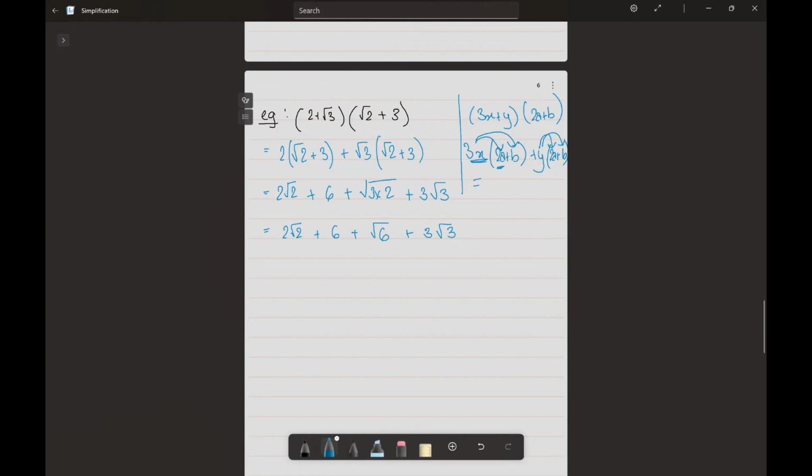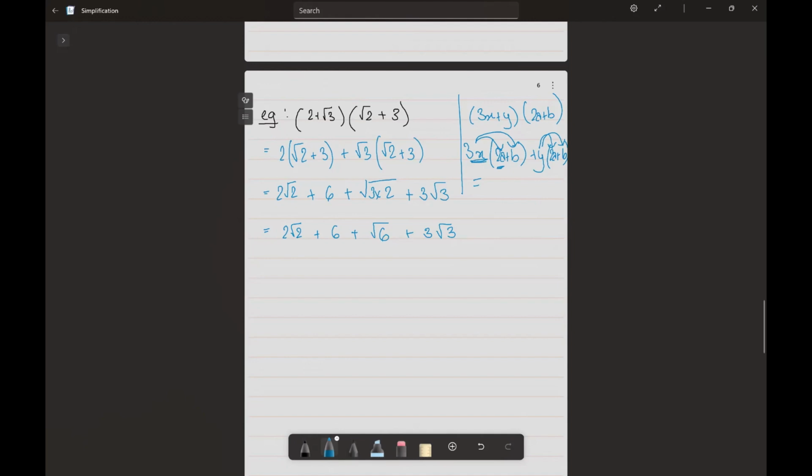Again, root 2 and root 3 are both prime numbers, so they cannot be simplified any further. Root 6 is not a prime number, but we cannot simplify root 6 either, because we have just seen that root 6 is a product of root 3 and root 2, two different numbers. None of the numbers comes outside for being the same number, so we cannot simplify root 6 further.